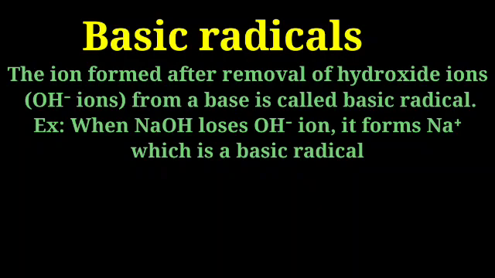These are called basic radicals. For example, NaOH, sodium hydroxide, when OH ion is removed, forms Na plus, which is called a basic radical. Why? Because it is formed from the base after removal of OH minus ions.